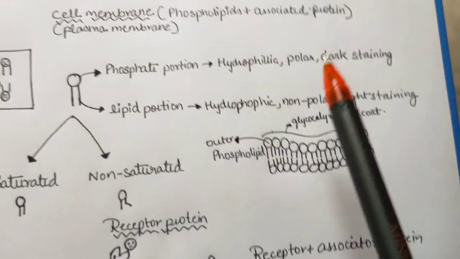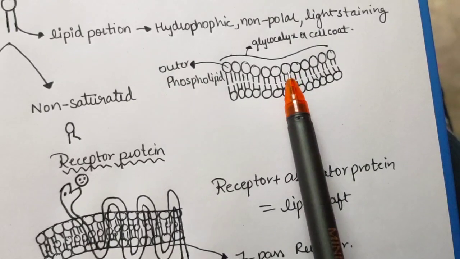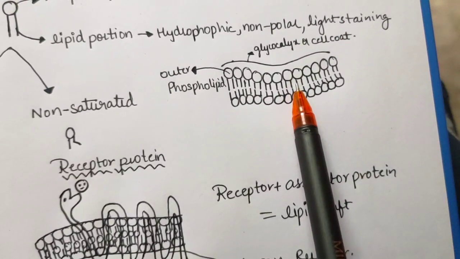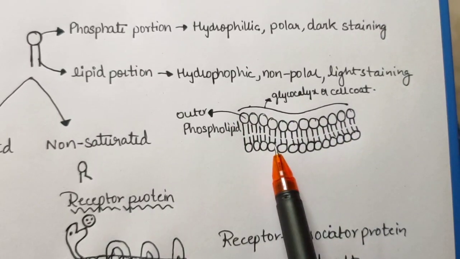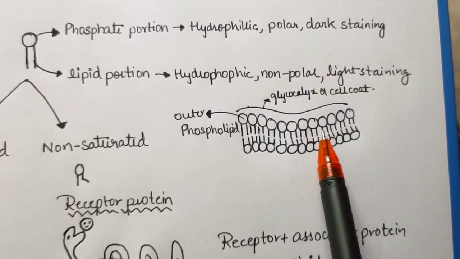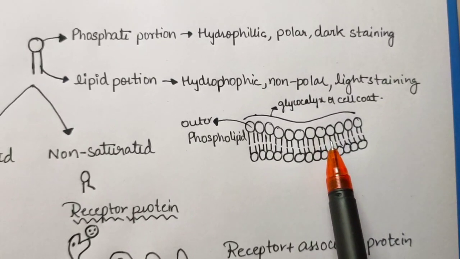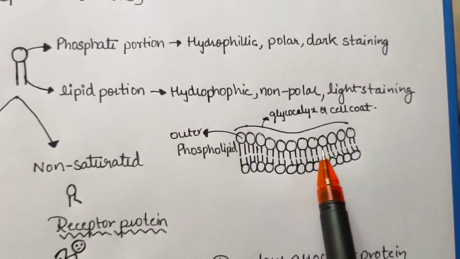So it appears like a trilaminar layer, but it is actually a lipid bilayer. Of the lipid bilayer, 50% is made up of lipids, 47% is made up of protein, and only 3% is made up of carbohydrates.